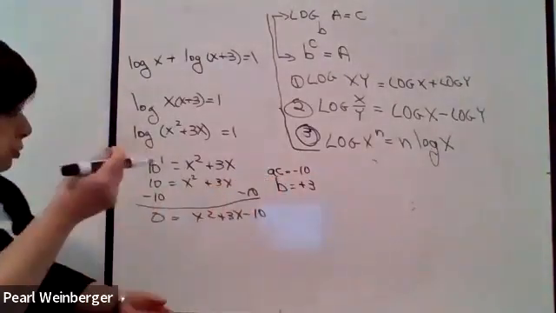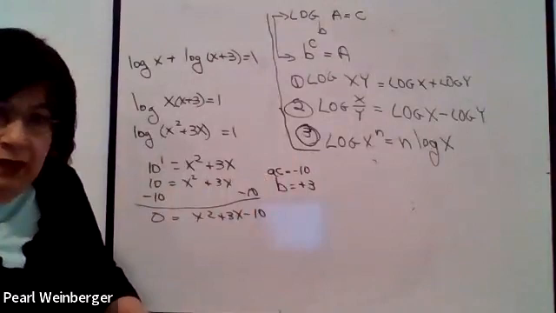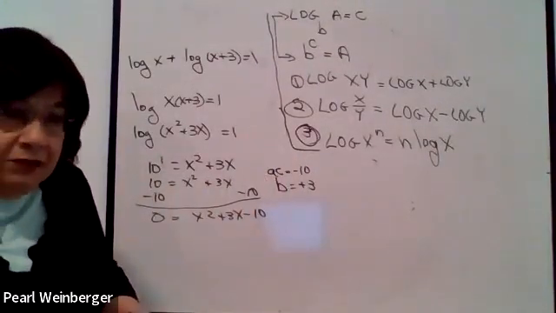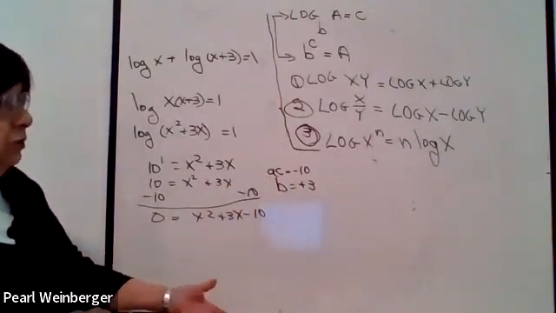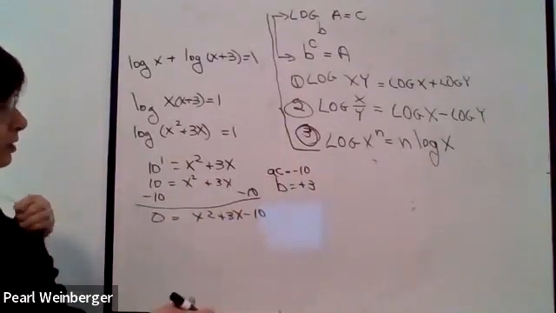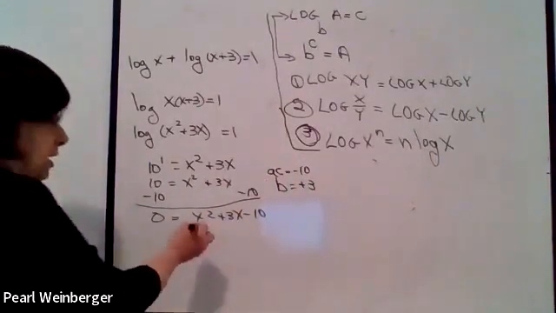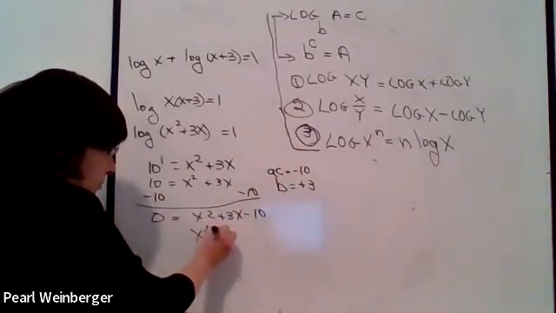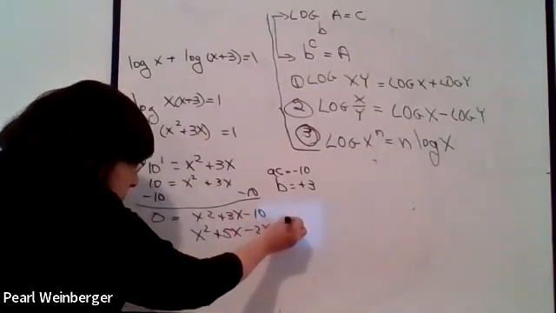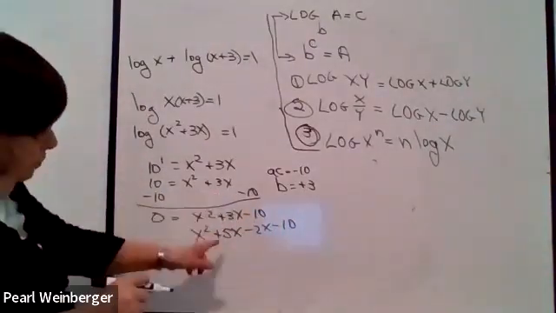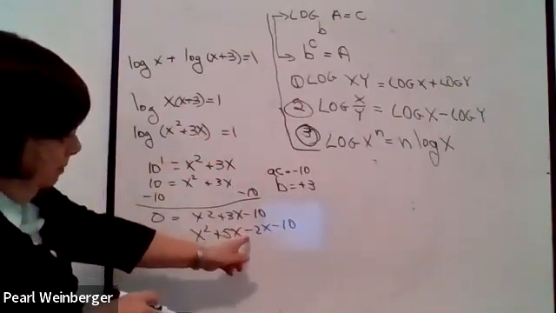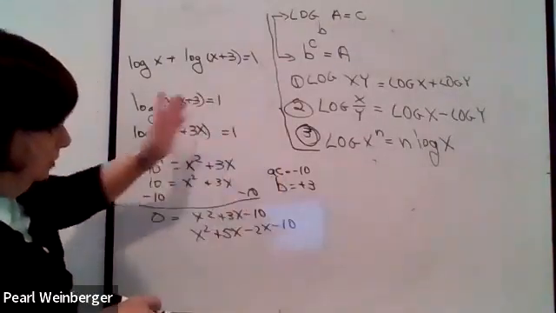So I'm looking for two numbers that are going to multiply to negative 10, but when I combine them, they're going to give me a positive 3. Well, obviously one number is going to be positive and one number is going to be negative. And I think it's sort of obvious that the numbers should be positive 5 and negative 2. Because 5 times negative 2 is negative 10, and 5 plus negative 2 gives me positive 3.